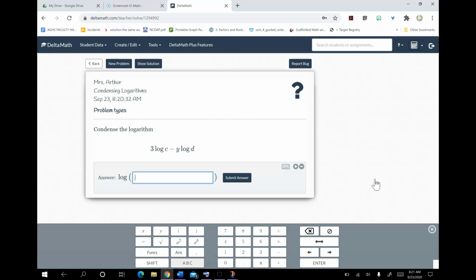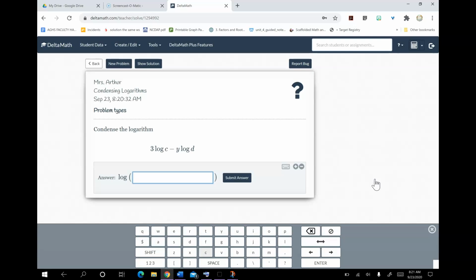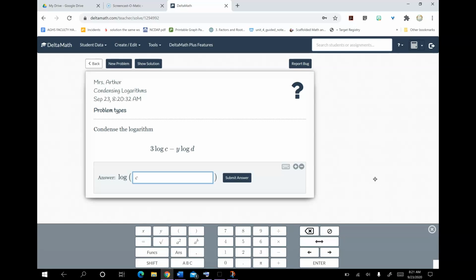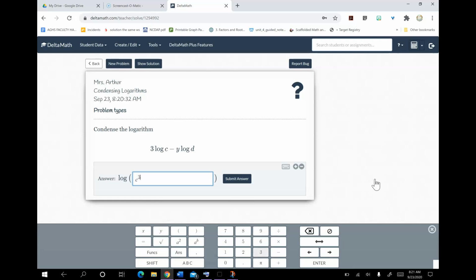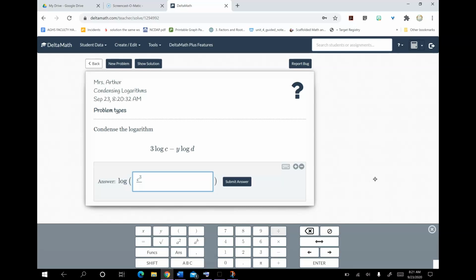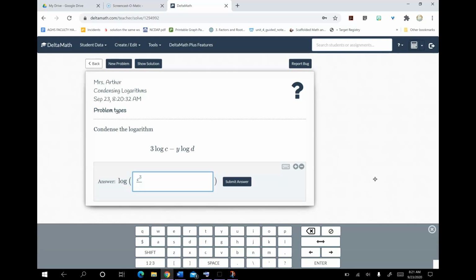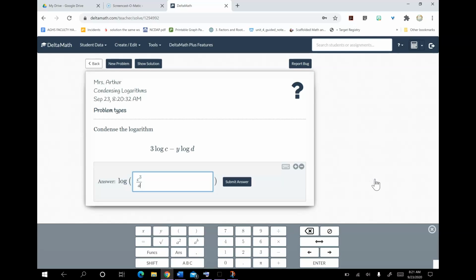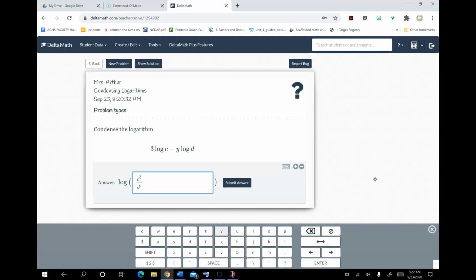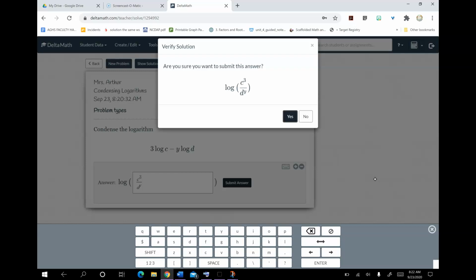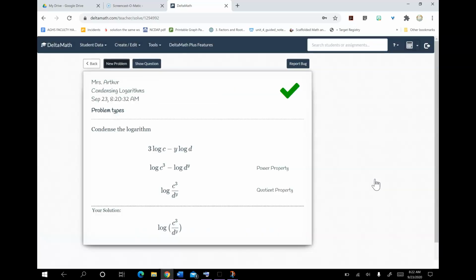So I'm going to say ABCs to c, go back to your numbers, raise it to the third power, arrow over, then hit divide, and then it's going to go back to your ABCs, d to the exponent of the y power. And that's your answer. Okay? That's how you type it in. All right?